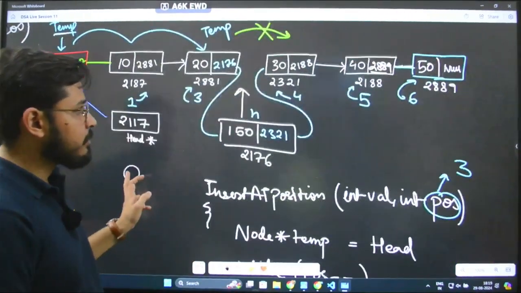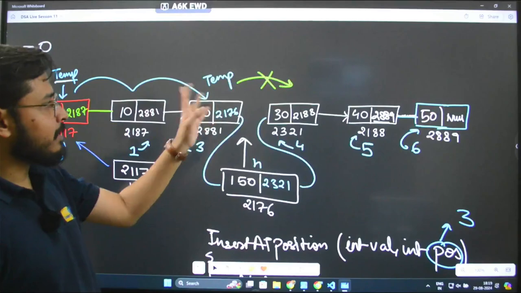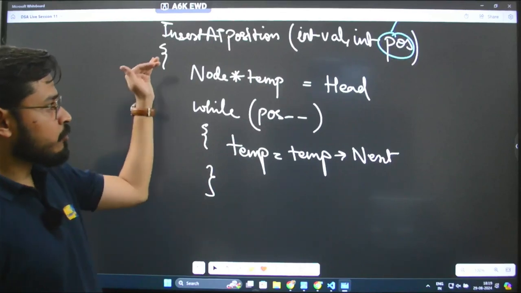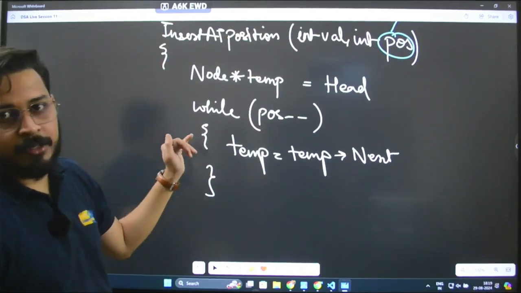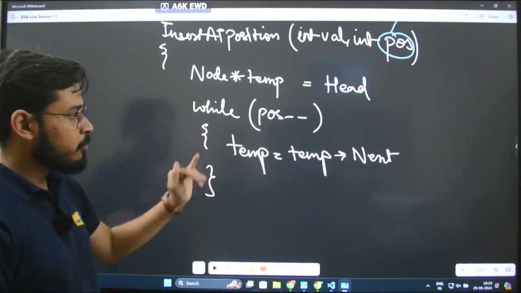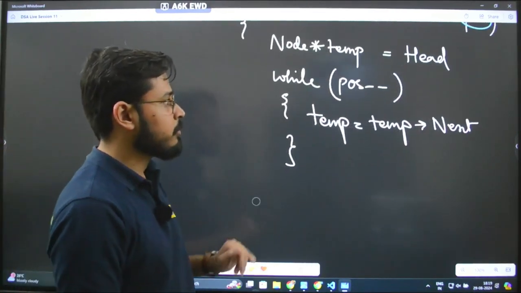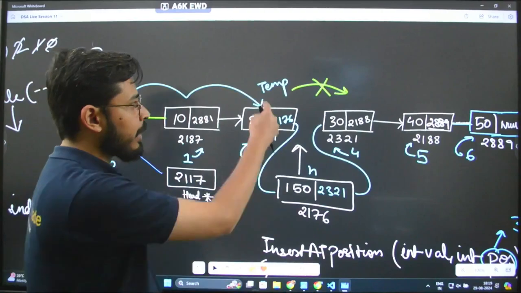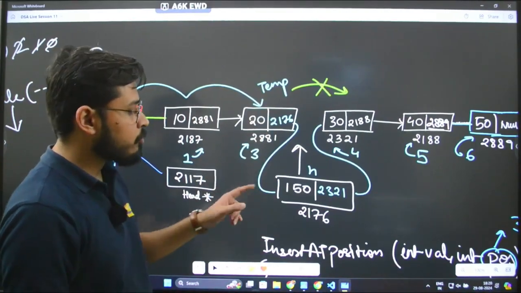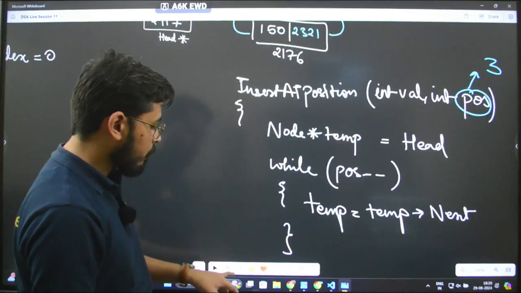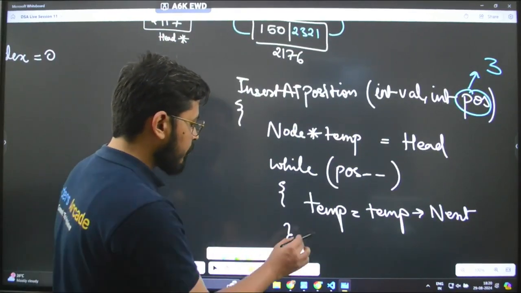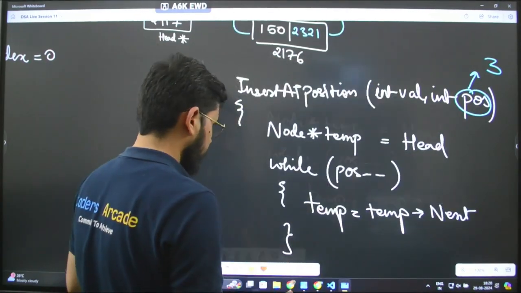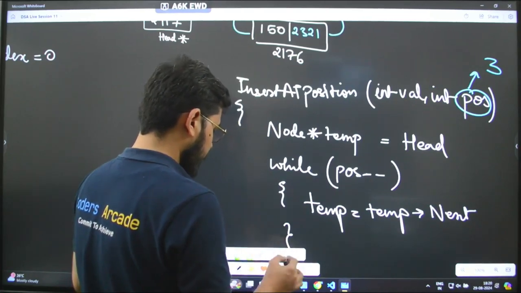So once you have done this, now your temp is standing right here at this particular place. Now what you need to do is, you started from the head and you reached that particular position, and once you have reached it, see this diagram here, temp is right now standing here, and you also have to create this node, right? Imagine you have already created the node before. Let me take the whole reference here.